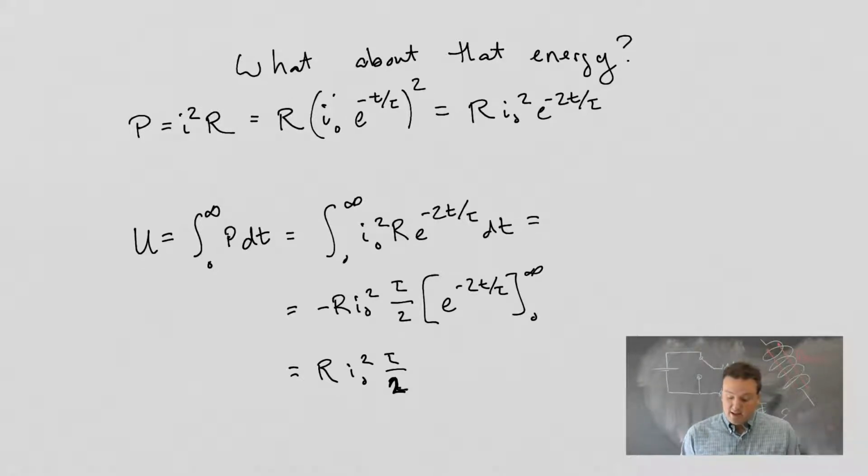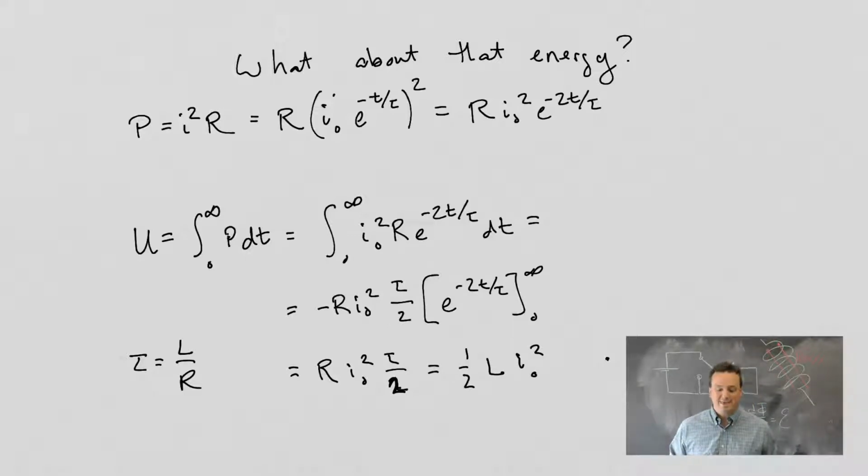Well, I can actually recognize inside of this the expression for the inductance, because remember, tau is equal to L over R. And so if I plug that in, I get that this expression is actually just 1/2 times the inductance times I naught squared.